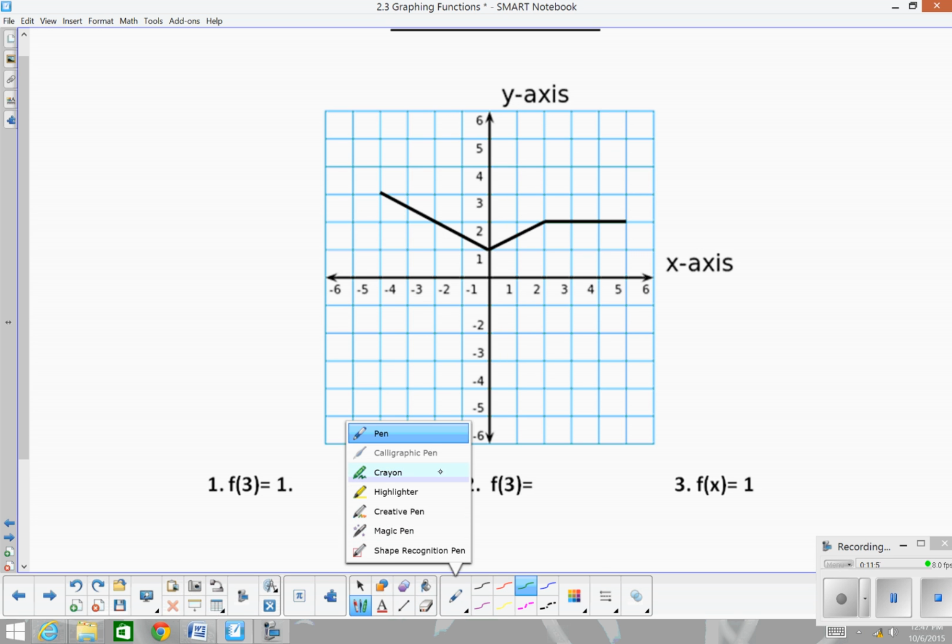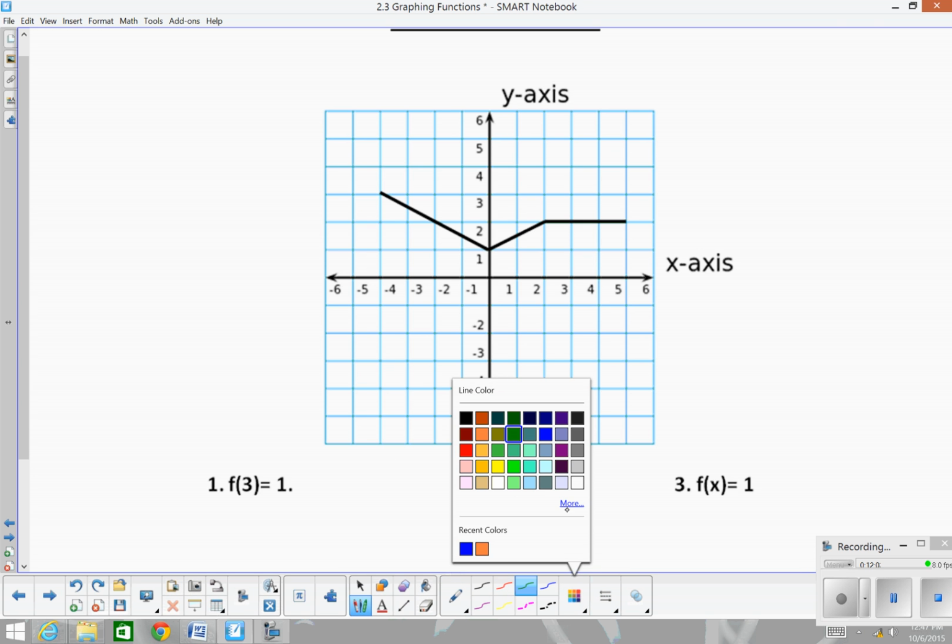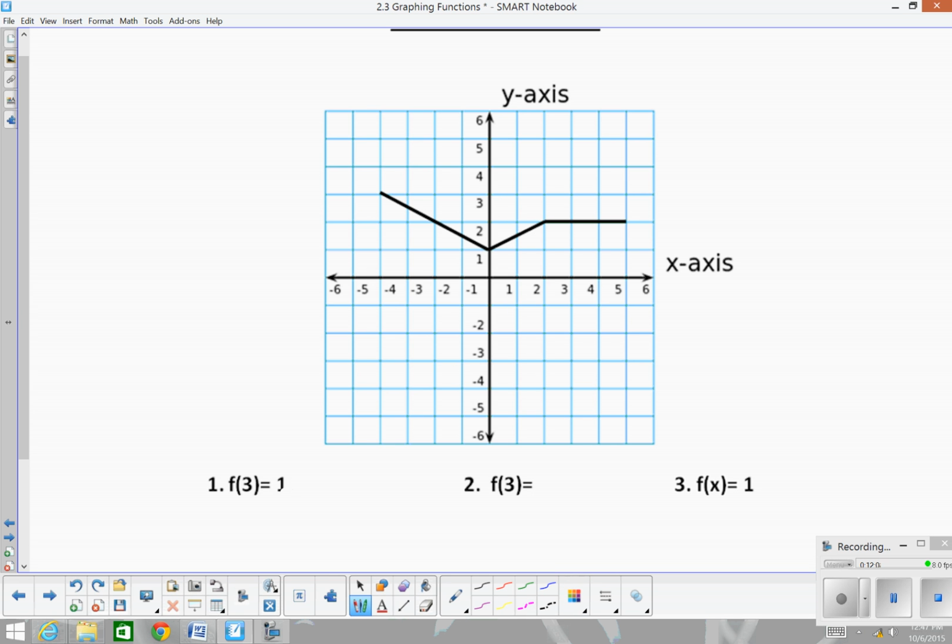Let me just cross that out. Okay, sorry about that. So now I'm saying f of 3 equals, now I need a number here. Okay, there was a 1 there, but let me just kind of write that out and see if it would be 1. Okay, so this is saying when x is 3, what is y?